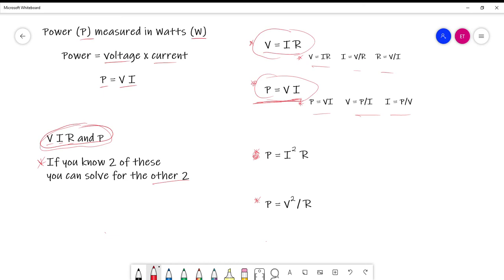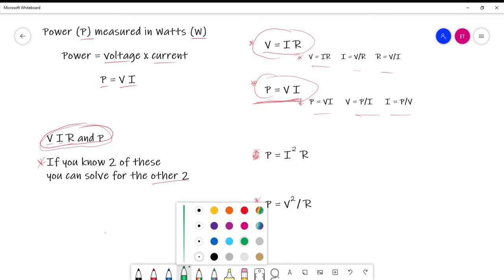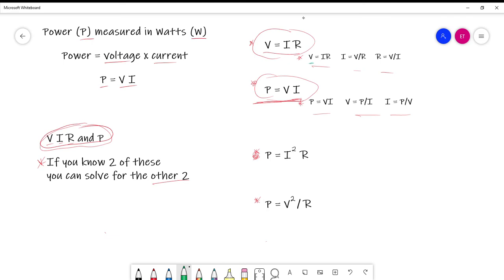It's real simple. Maybe I'll change pen color here so you can see the derivation in a different color. There you go. Okay, so we know power is equal to voltage times current, but how do we know that it's also equal to current squared times the resistance of the path? Well, we just did substitution. We took the fact that V is equal to IR.